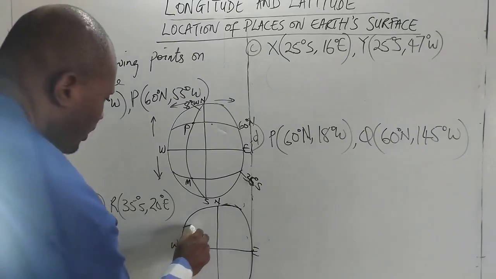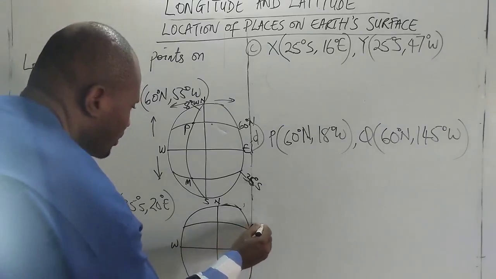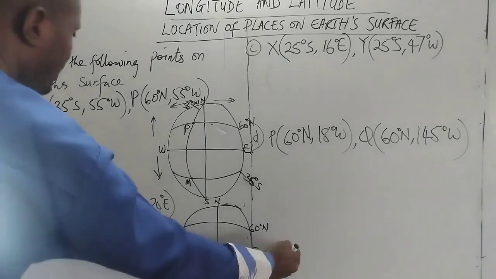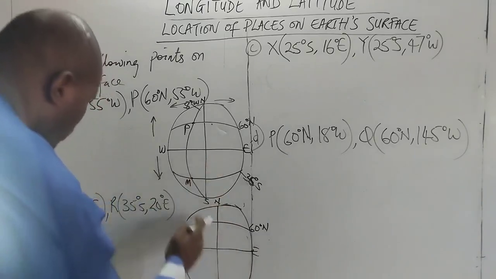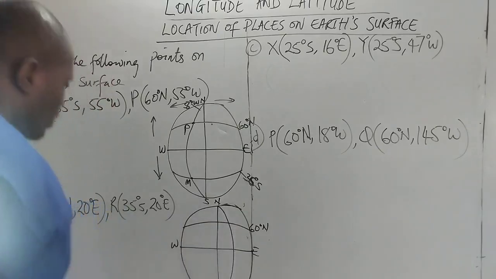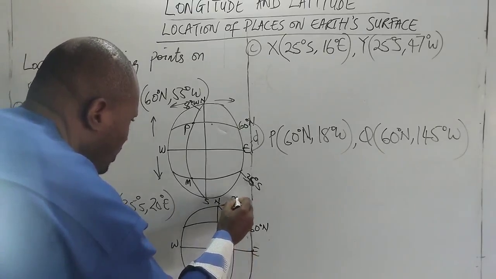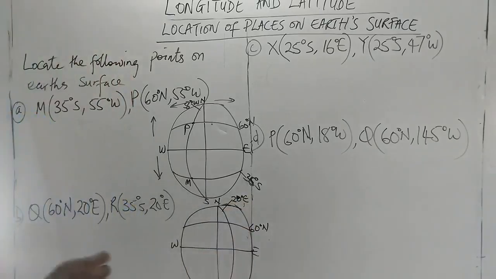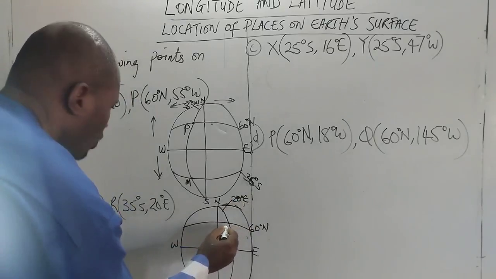So somewhere here is 60 degrees north. You label it. And then 20 degrees east. East is this way. Remember, the line at the middle is 0. So as you move this way, it increases. So 20 could be something like this. Don't forget to label it 20 degrees east. Then where the two lines meet becomes your Q.